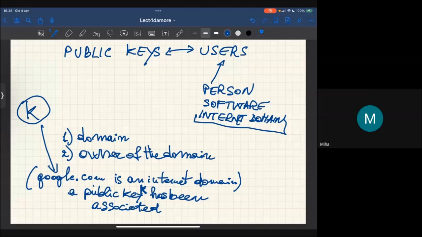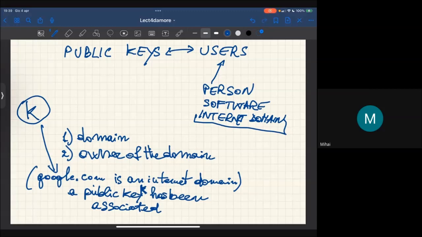Do you understand the difference? It is very similar. You can associate a public key with the domain or with the owner of the domain. In the first case, you associate the key with a thing. In the second case, you associate the key with a person, with an organization. Keep in mind this difference because it produces some effect.